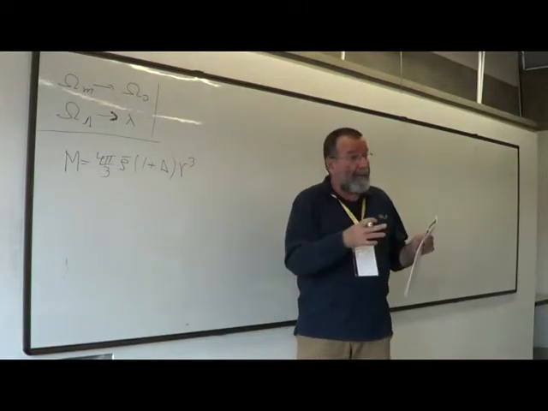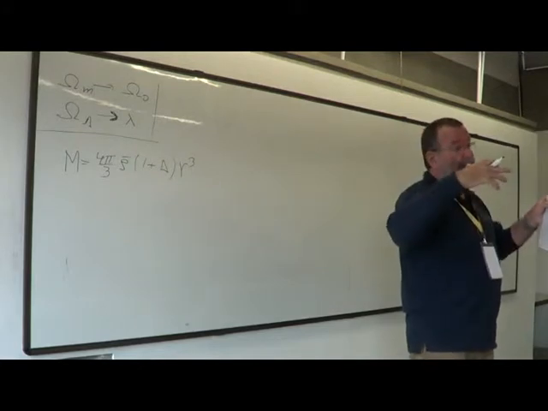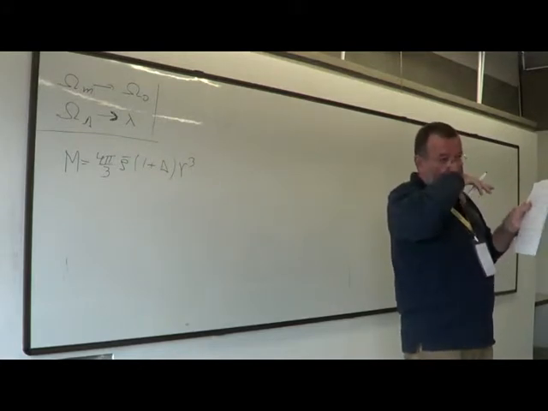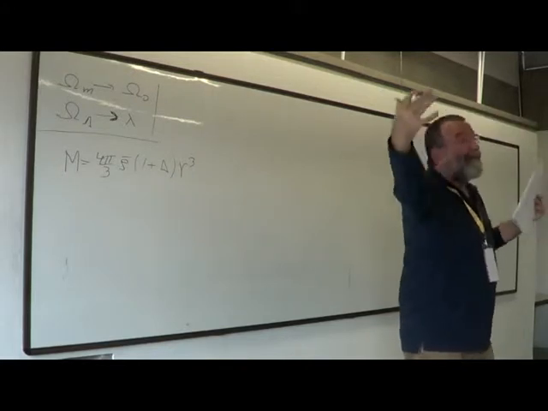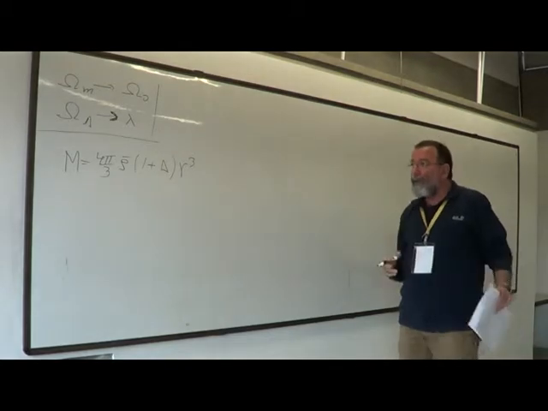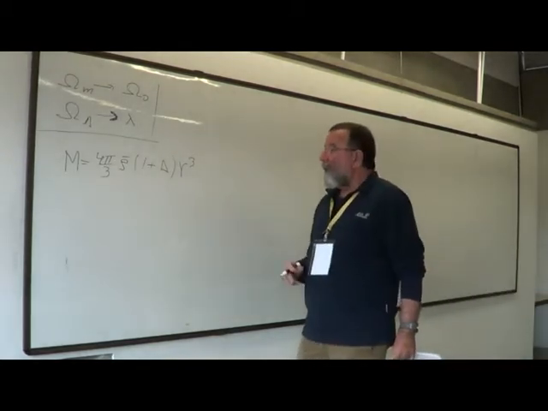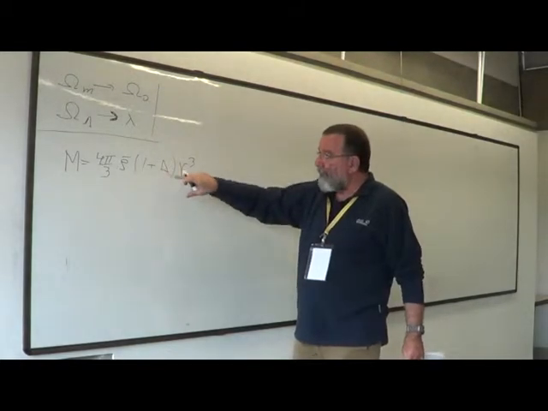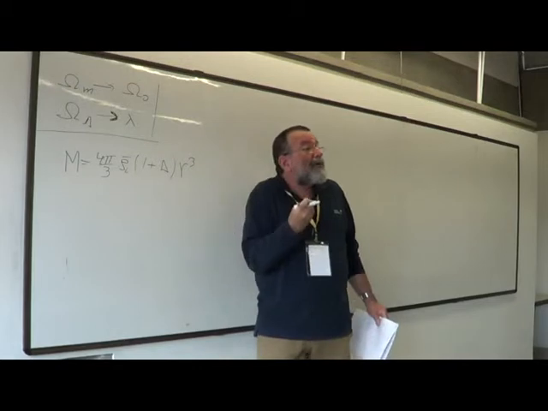The same top hat can be used to describe the voids, big empty regions in the universe that are expanding faster than our unperturbed universe. But we are going to concentrate here only on positive perturbations. So this delta is at some initial time, and I have to assume an initial time.